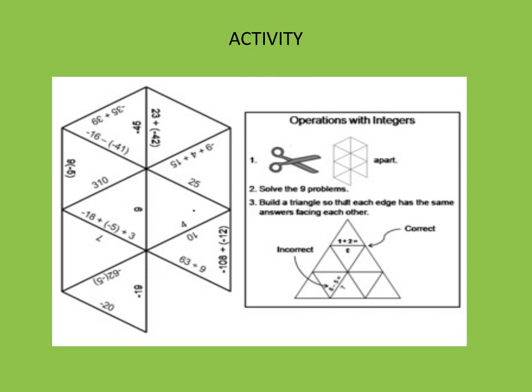You have to solve them and arrange them so that a big triangle can be formed. What is the rule for doing that? You have to arrange those triangles in such a way that each edge has the same answer facing each other. The rule is given here also, you can go through it, and all the best.